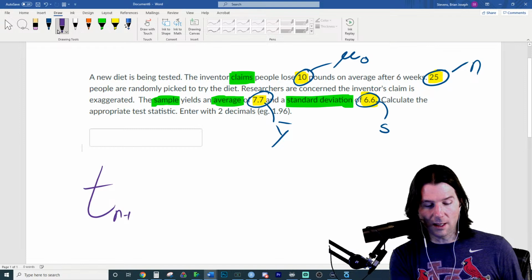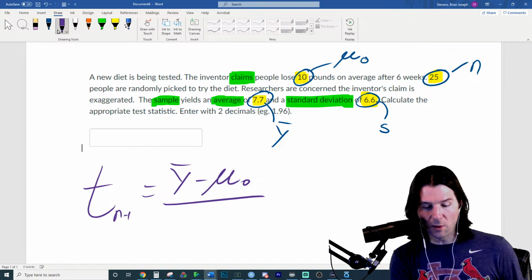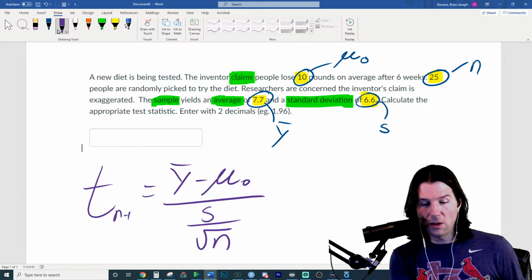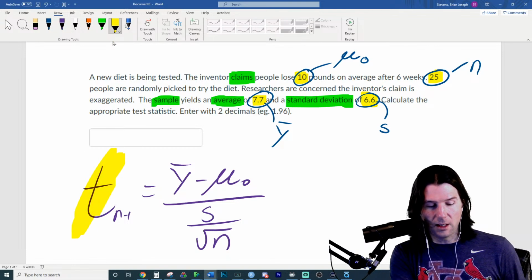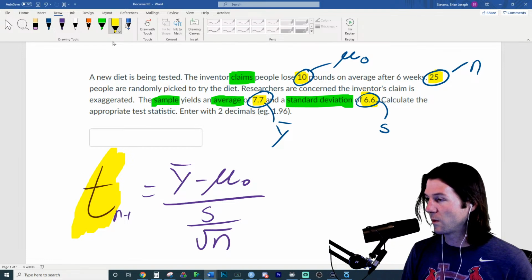This is the standardized difference between what we see in a sample and what we hypothesize is true. So this T right here, which we're going to differentiate from a confidence interval, is the standardized difference, and that's the degrees of freedom for it.